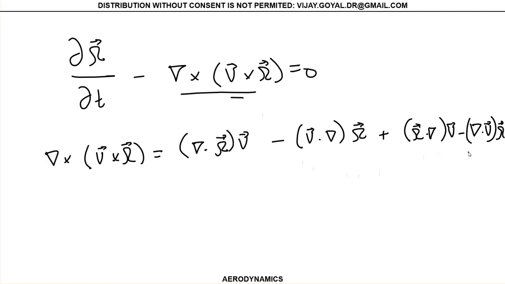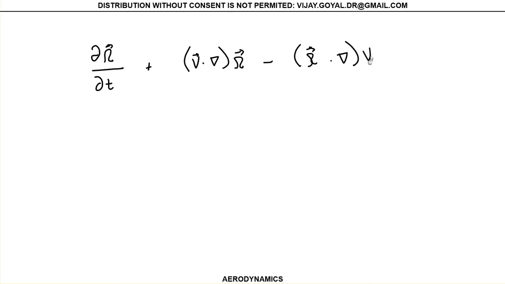First of all, this particular term will be zero because it's incompressible flow. Then also we know that this particular term will be zero because the divergence of the vorticity we said is equal to zero. So you're only left with these two terms. Let's keep expanding and simplifying, and see what we get.